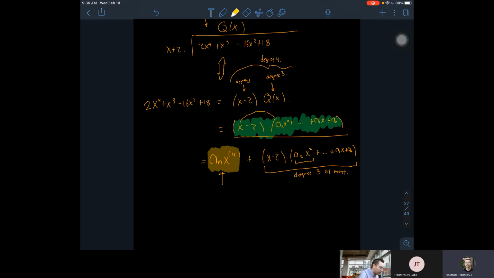An times x to the power 4 is the only term of power 4 on this side of the expression. So I know that an has to be the same coefficient as the only power of x to the 4 on the left-hand side. So this is telling me that an must be 2.